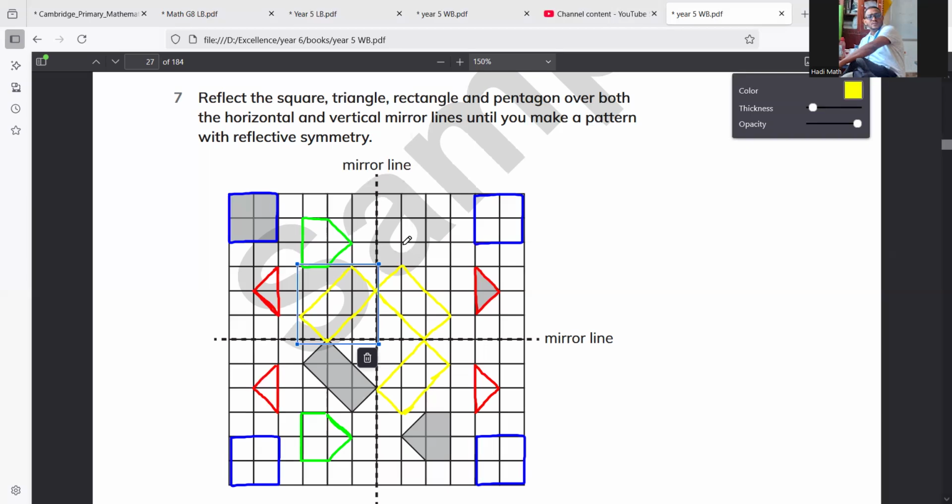You would like to reflect it to this side. You can also start with the same idea. Don't forget it will be up and down. But if you are able to draw it immediately, like what I'm doing over here, it's okay. So this is how it looks like.